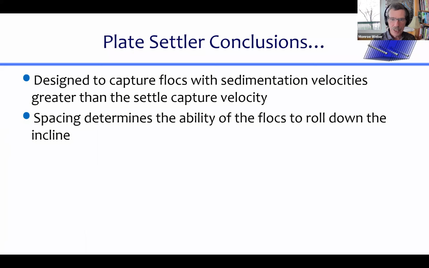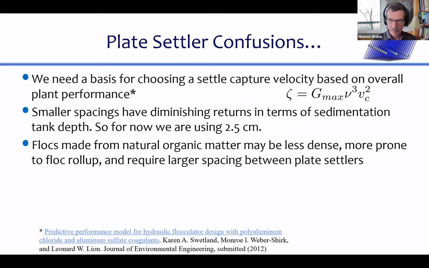Okay, that's my conclusions. We're trying to catch flocs that have sedimentation velocities greater than the settle capture velocity. And that is about plate area, the plan view area. And then the spacing determines whether flocs are going to keep on rolling up or whether they're going to do what we want, which is slide back down and turn into blue flocs.